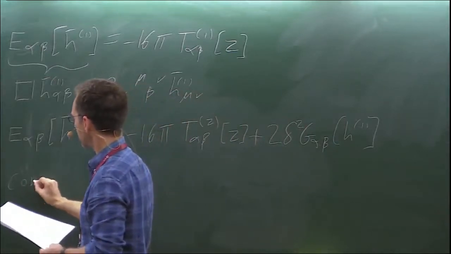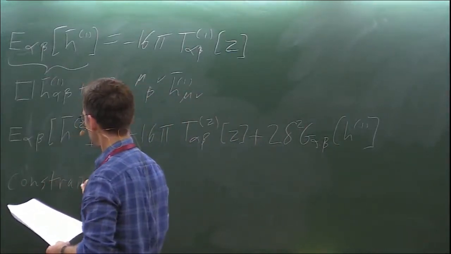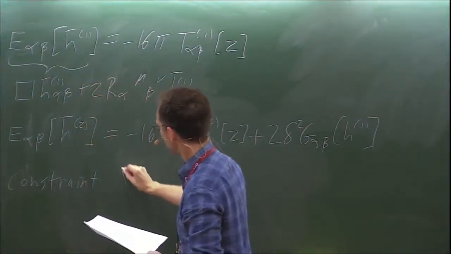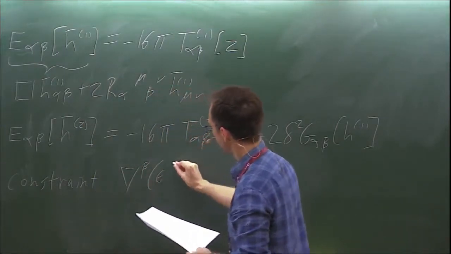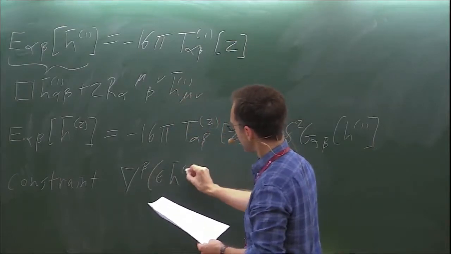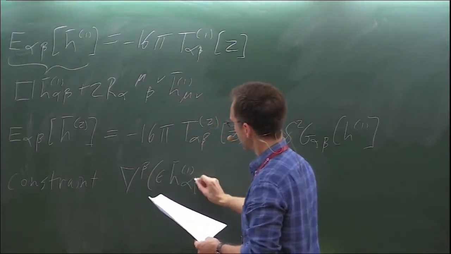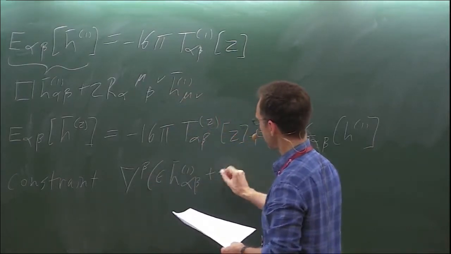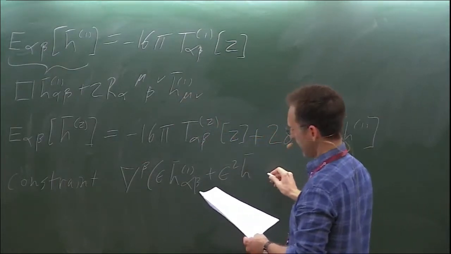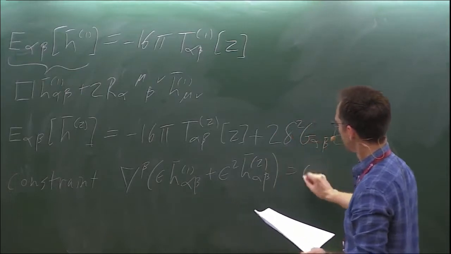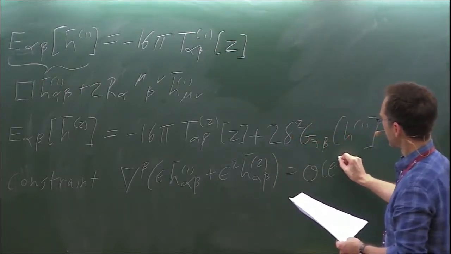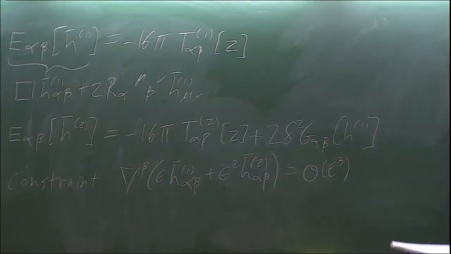So there's a constraint, which is that the sum of all these pieces of the metric perturbation have to satisfy the Lorentz gauge condition up to third order errors.